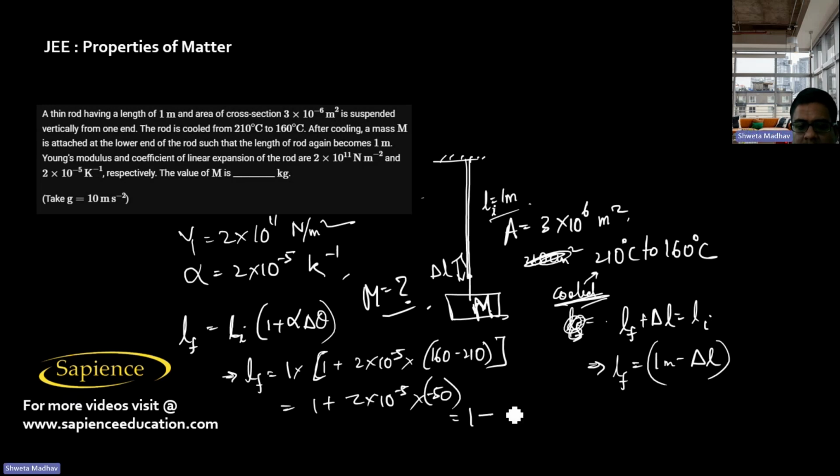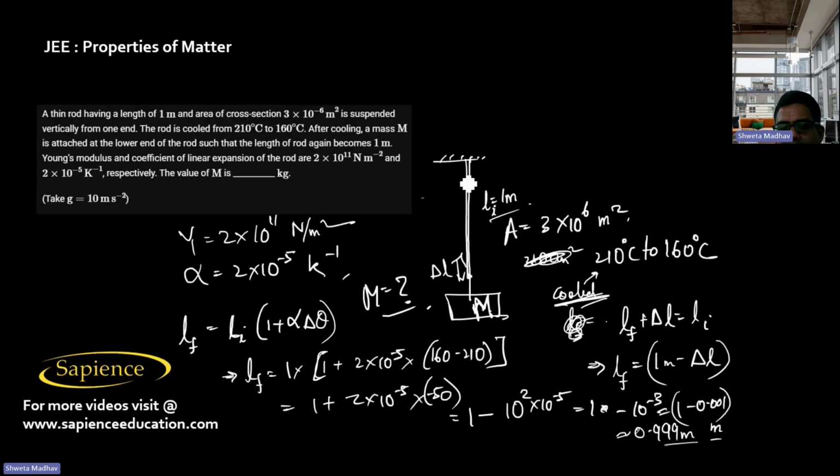So this is 1 minus 100 into 2 into 10 power minus 5, which is 1 minus 10 power minus 3. One minus 0.001 meters, which means it is 0.999 meters, which is the L final.